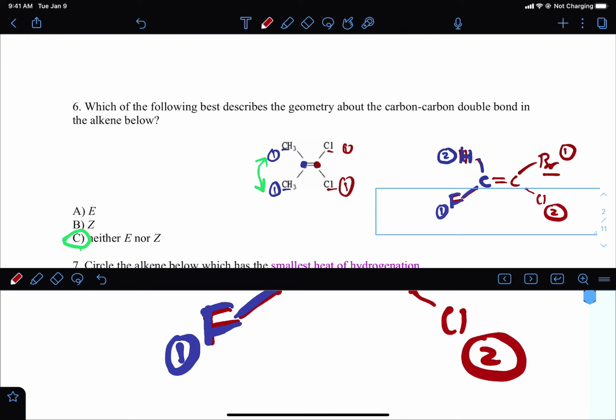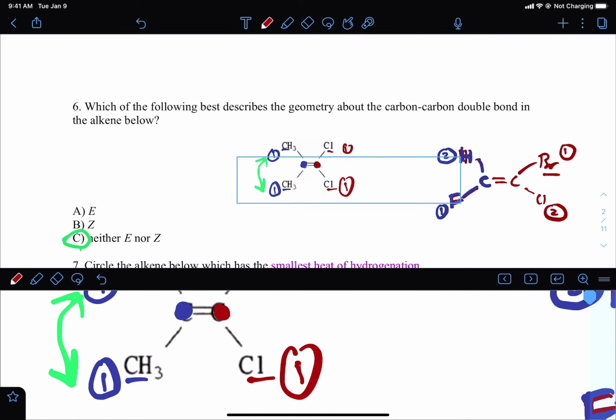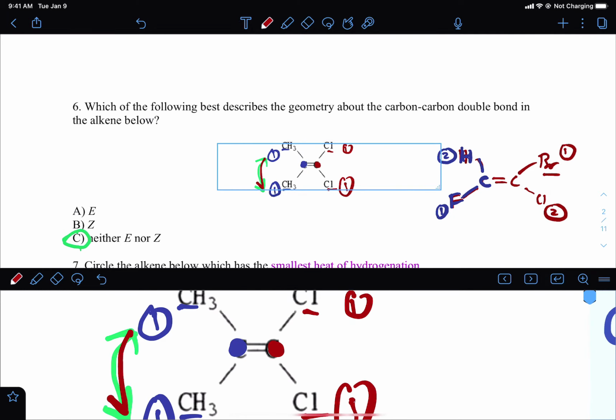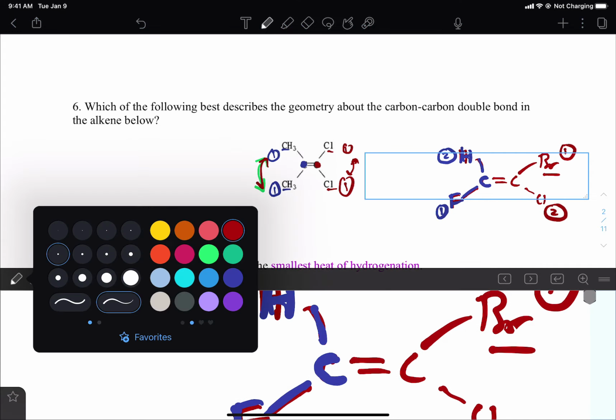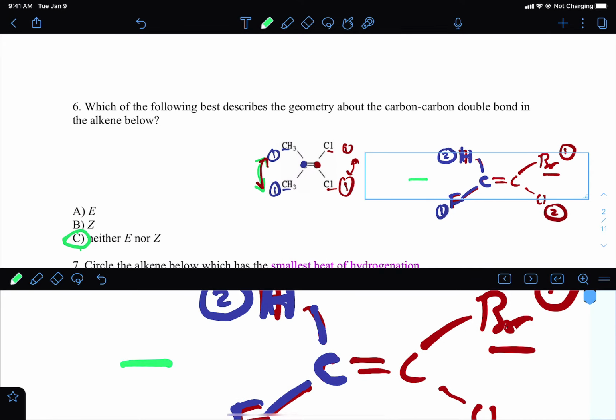So now notice that we have different rankings, unlike what we had over here. We had equal rankings on one side. In fact, we had equal rankings on both sides. But as long as we have equal rankings on one, we can't have cis or trans. But now, we're going to imagine slicing this right through the alkene.